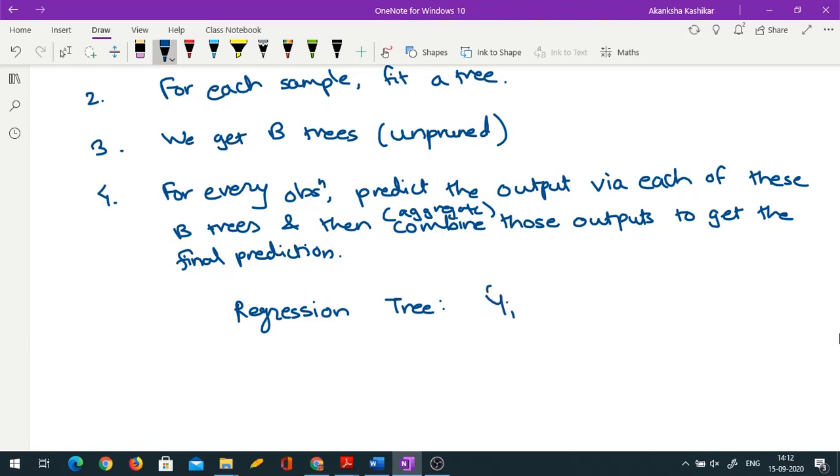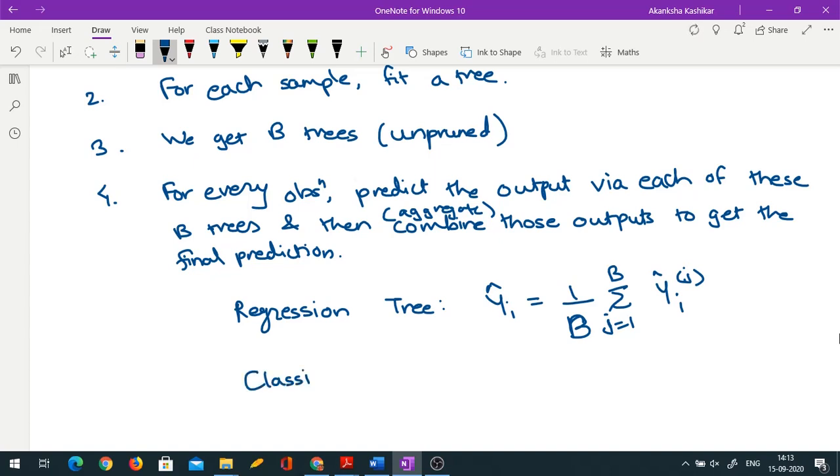So your yi hat, the prediction for the ith observation, would be 1 upon B, sum over j going from 1 to capital B, yi hat j, where yi hat j is the prediction from the jth tree for the ith observation. The average over all predictions would be the final prediction. This is in the case of a regression tree.